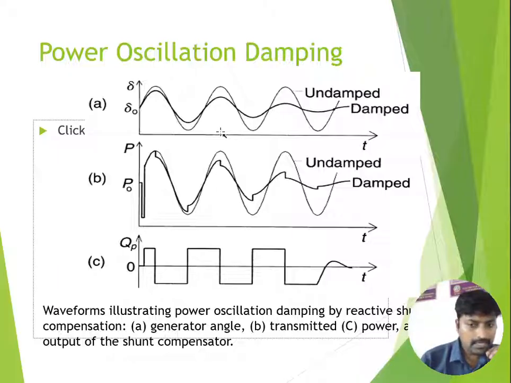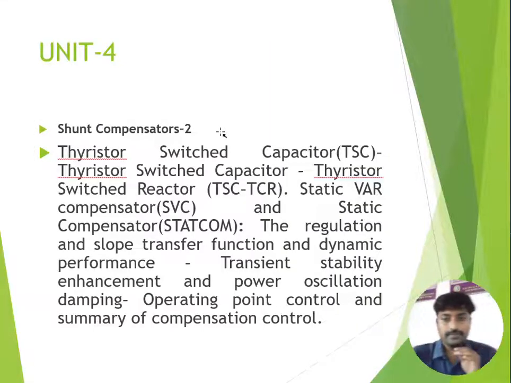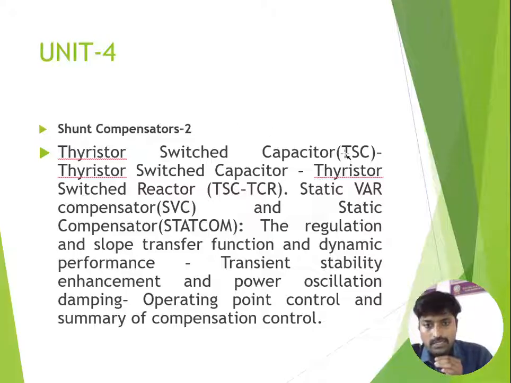And we can discuss some different types of FACTS controllers, that is, shunt compensators too. That is thyristor switched capacitors, and thyristor switched capacitors and thyristor controlled reactor combination. In the previous slides we discussed thyristor switched capacitors, thyristor controlled reactors and switched reactors also.